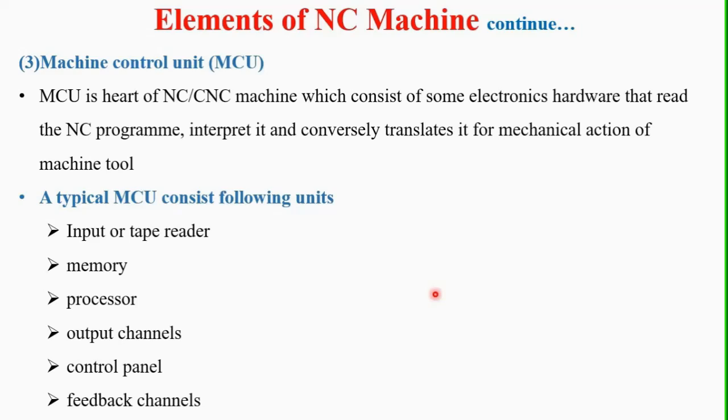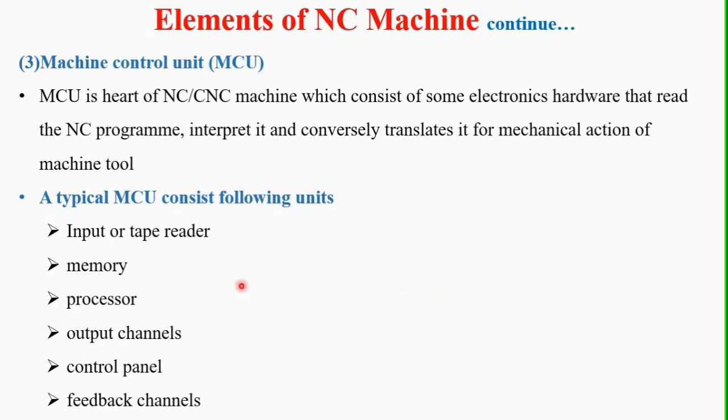This machine control unit converts the program into the language which the machine understands. Nowadays all modern NC systems are sold with a microcomputer as the controller unit. This type of NC is called computer numerical control or CNC machines.